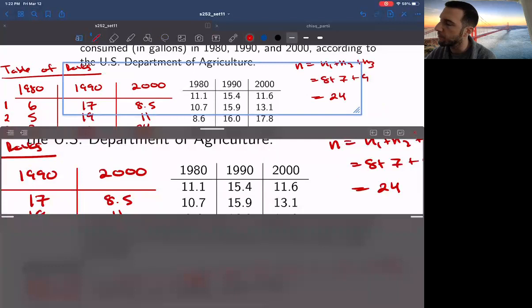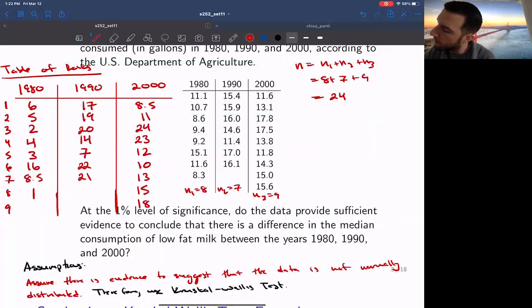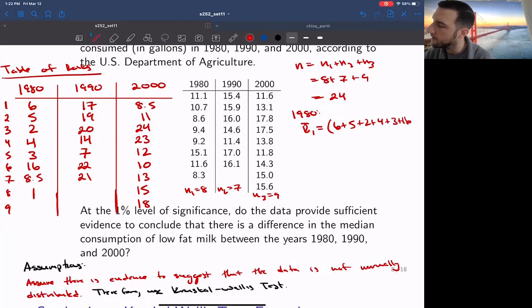Okay, so for example, for 1980, R bar 1 is equal to 6 plus 5 plus 2 plus 4 plus 3 plus 16 plus 8.5 plus 1 plus 1.